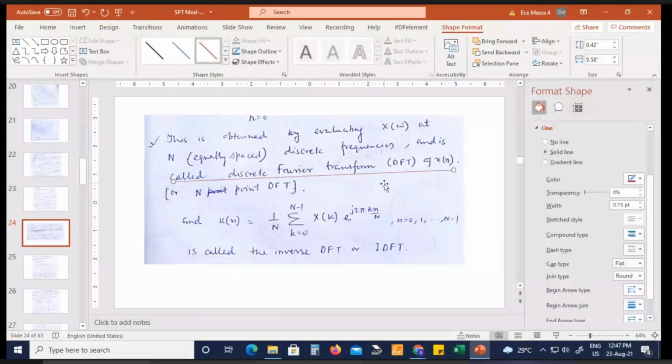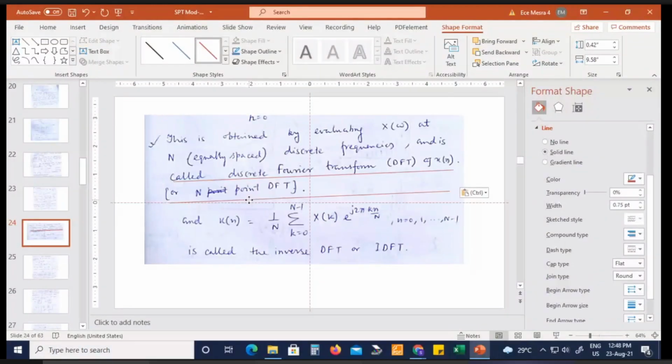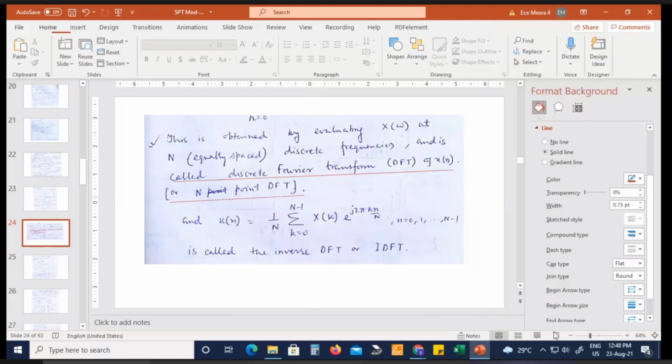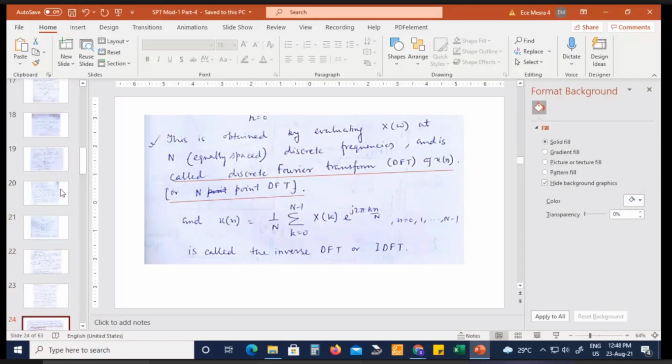Or this is called the N-point DFT. After a lot of calculations, we get this DFT.